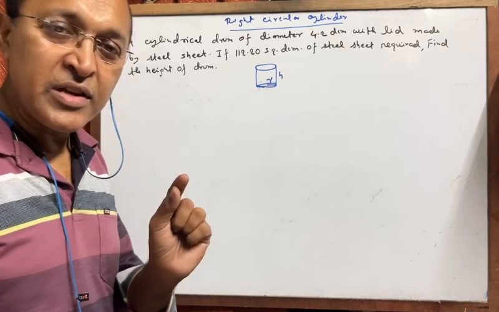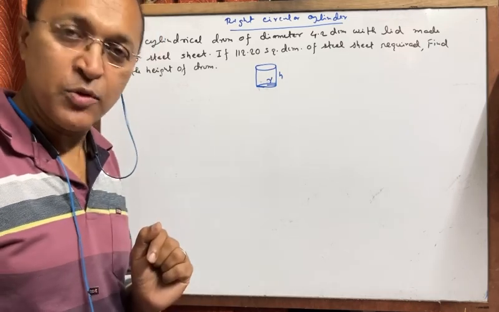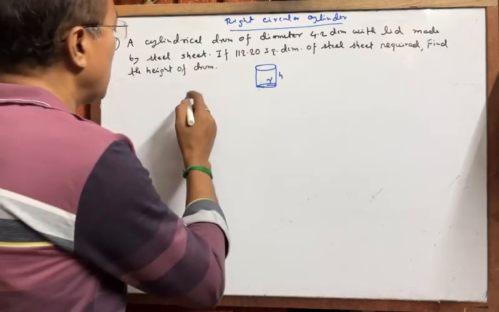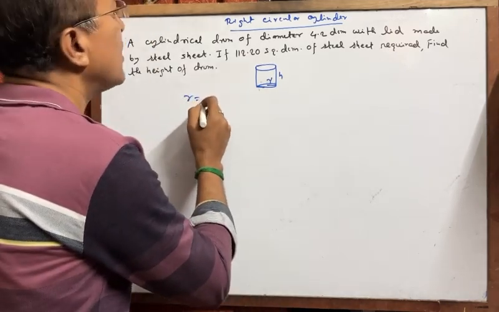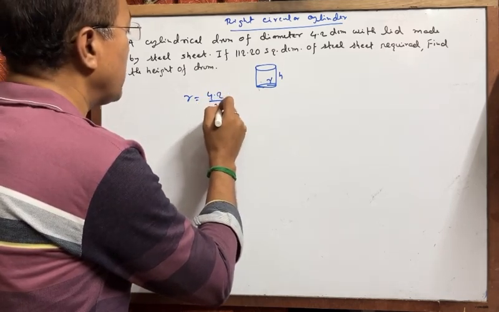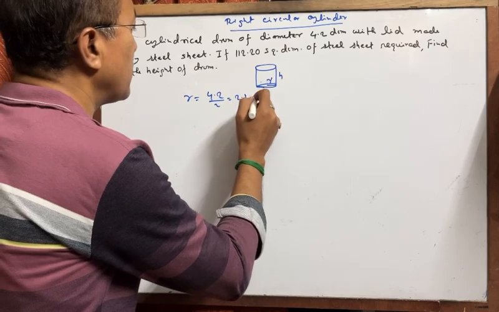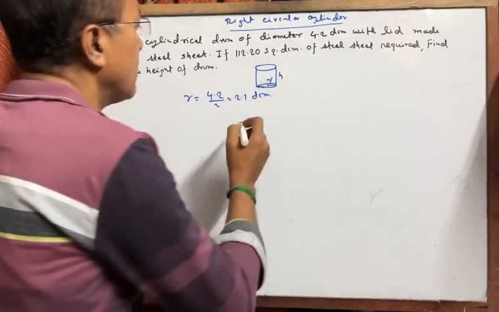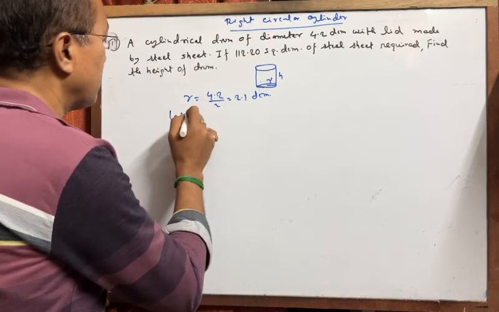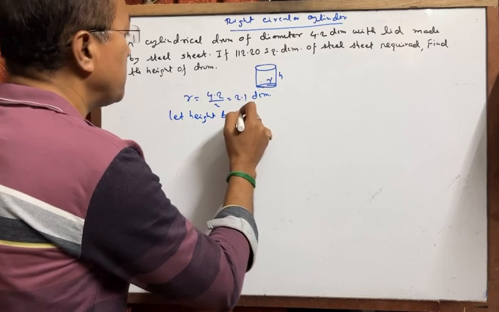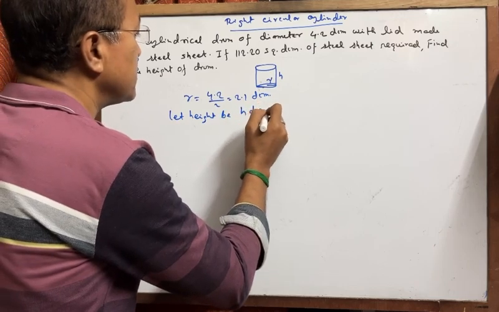So data given is diameter, which means radius. You know radius is diameter by 2. So you can write here r is equal to 4.2 by 2, that is 2.1 decimeter, right? Let height be h decimeter.